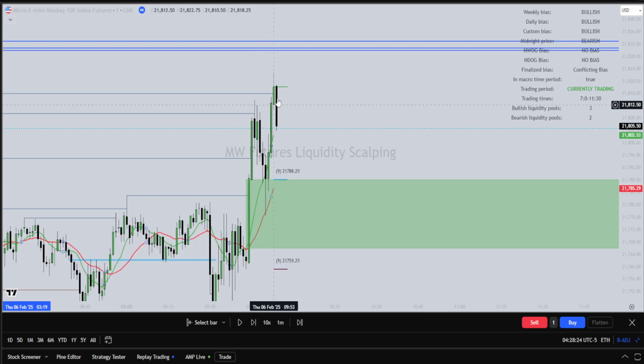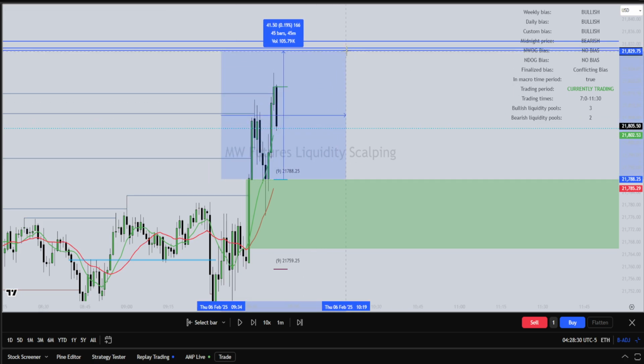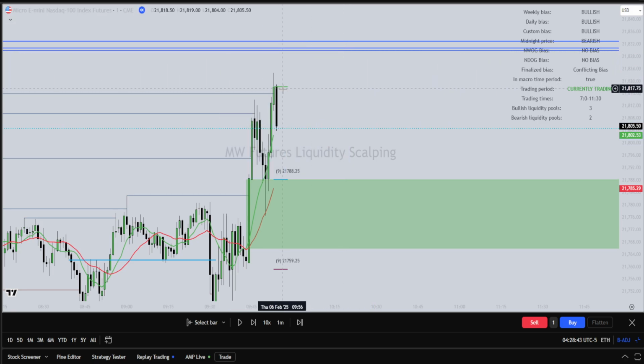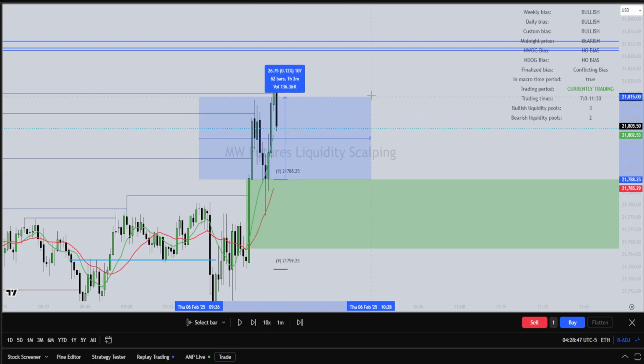Alright, so as you can see, that liquidity pool has been taken out, and now the minimum handle run to the next liquidity pool is 41 handles, meaning that my criteria of having a minimum handle run of 35 handles is satisfied. So why does it show this green line over here at 30 handles?